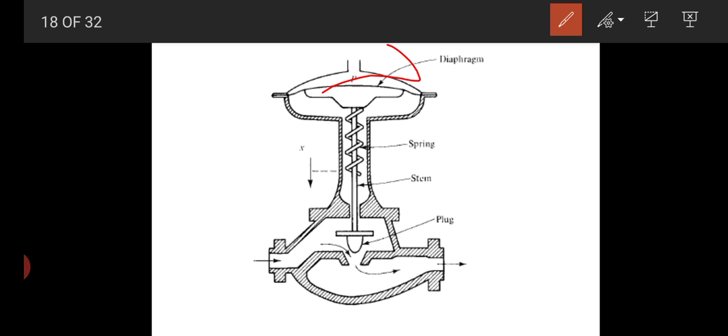Basically, this force acts downward, and according to that we will establish the relationship. So the first term is force, in terms of the pressure given at the top of the diaphragm. Now this force acts on the shaft through the spring, and the force due to the spring is kx.